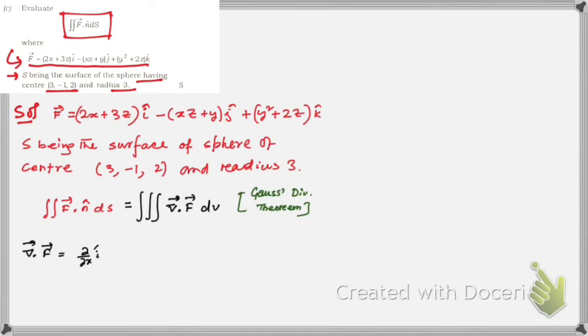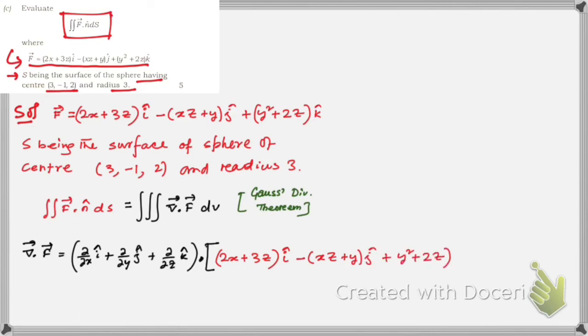So now you see, divergence of F is given by this. So that's how we can find the divergence of F. So let's find divergence of F. If you find a dot product of these two, then what you will get? If you find del x of this, then you will get 2 here, and i cap, that's going to be 1.